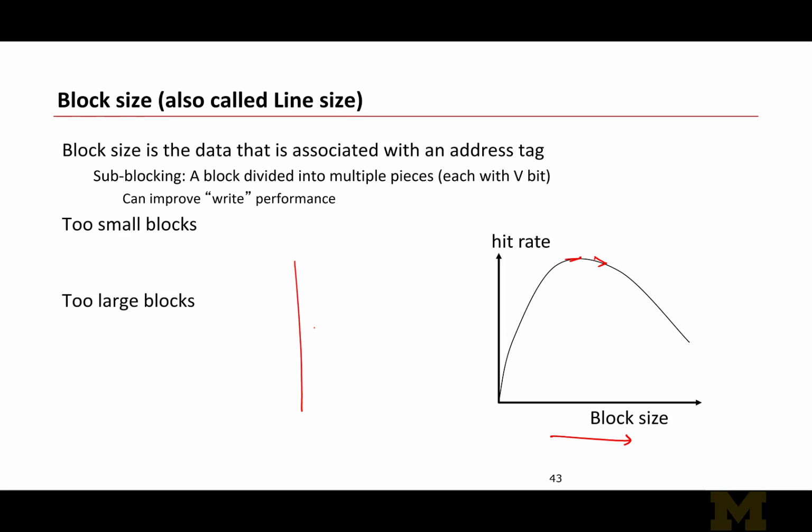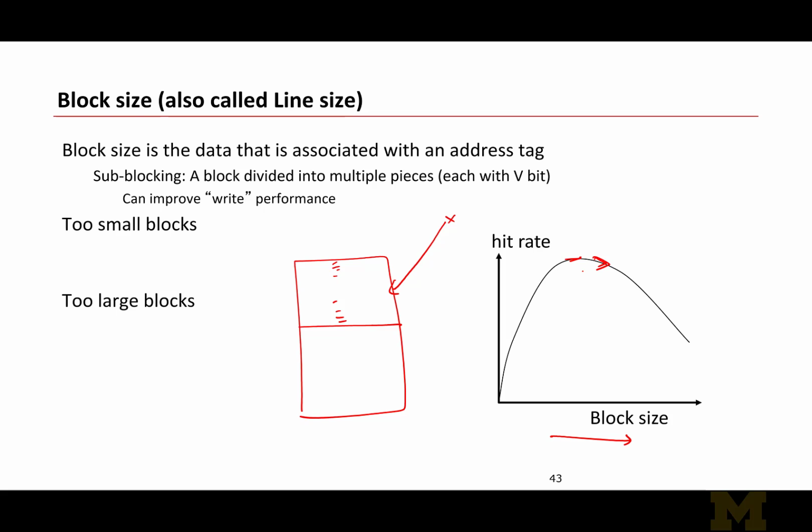So if you assume that the cache size is a constant, and you divide up that cache into really large chunks, let's say 2 big chunks, and I access an address X and you bring in a big chunk of data and fill it up with this one big chunk, and if I don't really access most of it, then I have polluted my cache with all this useless data which I'm never going to access. So you're reducing the effective capacity of your cache by increasing the cache block size, and that's why you see a decrease in the cache hit rate.